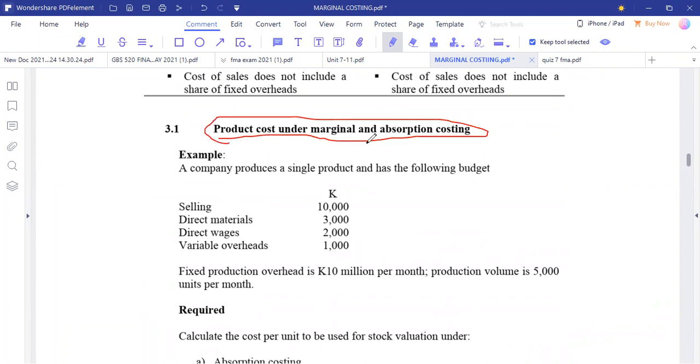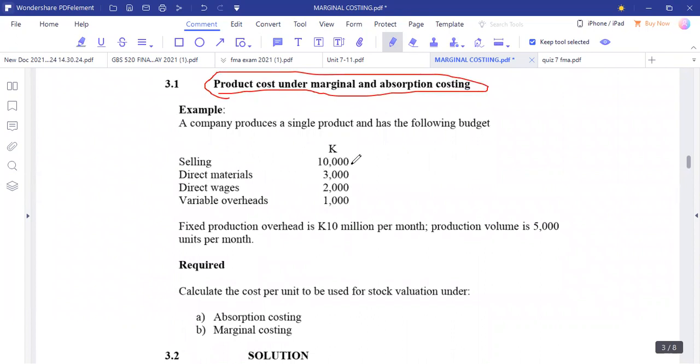A company produces a single product and has the following budget. Sales or selling price 10,000. Then we have direct materials, 3,000 kwacha, direct wages, 2,000, variable overheads, 1,000. These three constitute MC, the marginal costing.